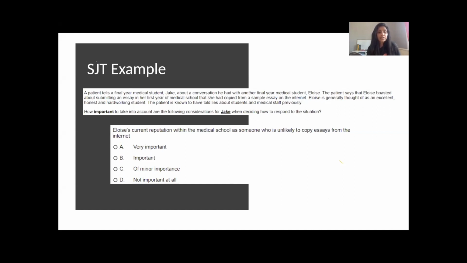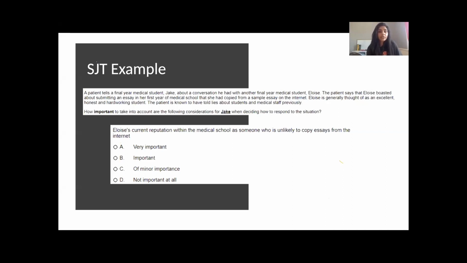So the consideration that we have here is Eloise's current reputation within the medical school as someone who's unlikely to copy essays from the internet. This is important because it means that it might be unlikely that Eloise did or didn't do what she's saying. So it sort of reflects on her character, but at the same time, copying another essay is plagiarism, and that's not allowed anywhere really.